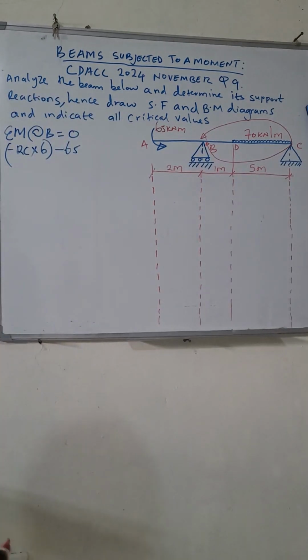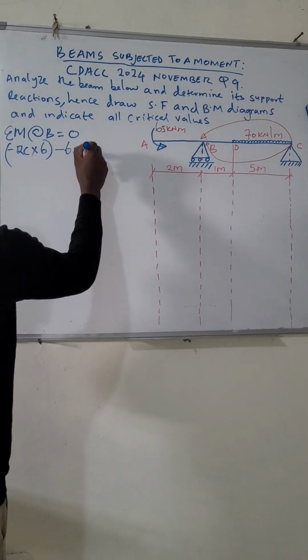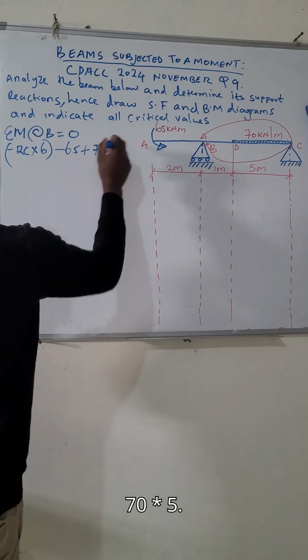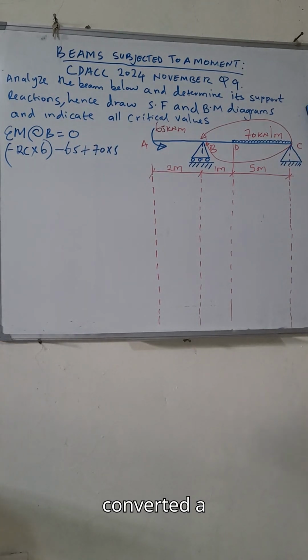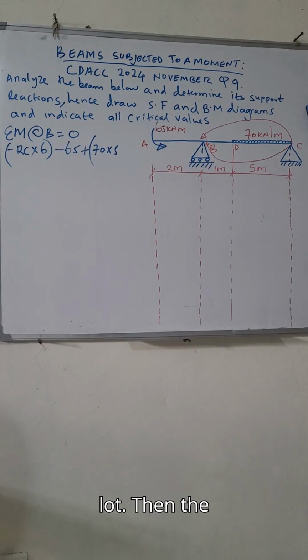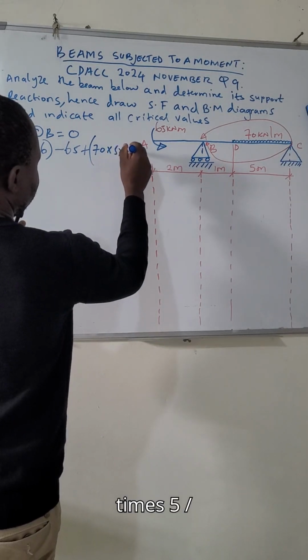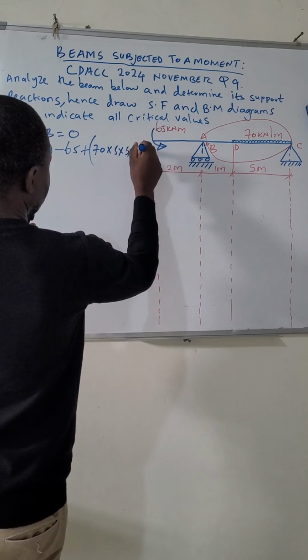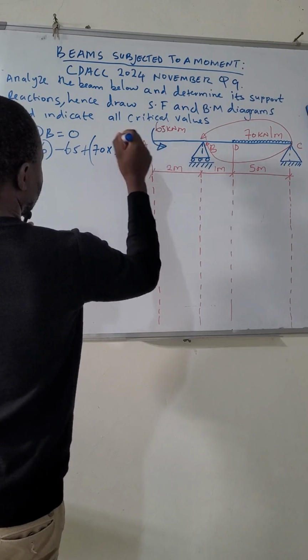That is clockwise direction, so that one is plus 70 times 5. By doing so, you have converted a UDL to a point load. Then the bending moment for the UDL acts at the center of that beam, so times 5 over 2 plus 1, like that.